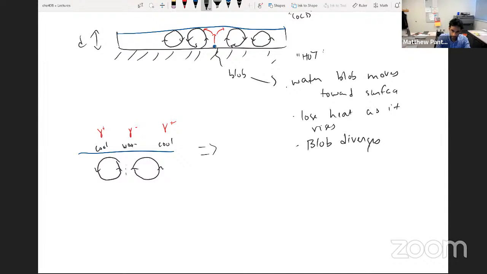So what we would see happen is, let me draw my convection cells first. So let's draw 4 of them. Say up, up, down, down, up, down, down.